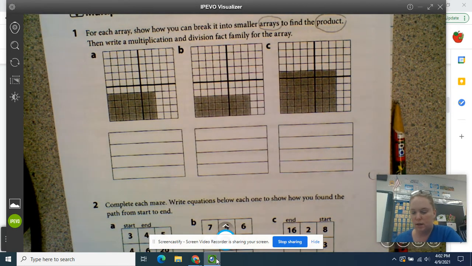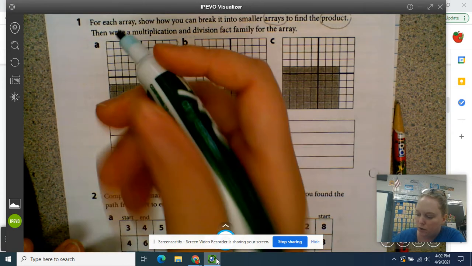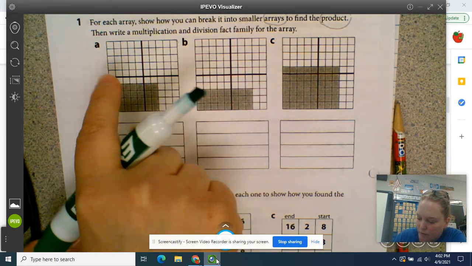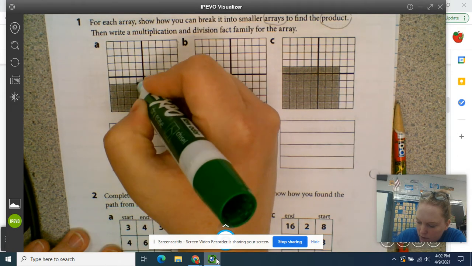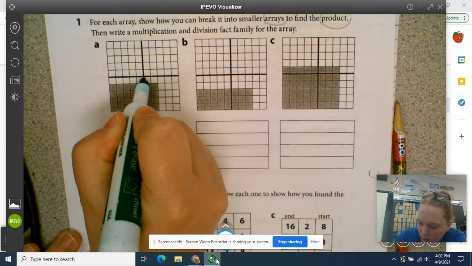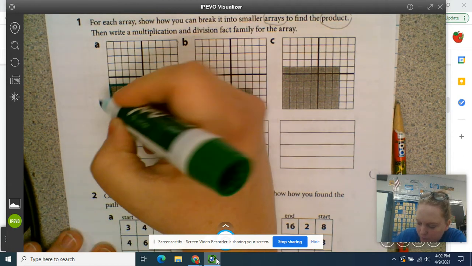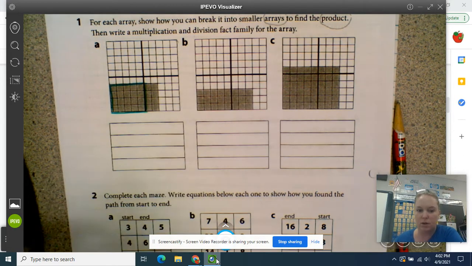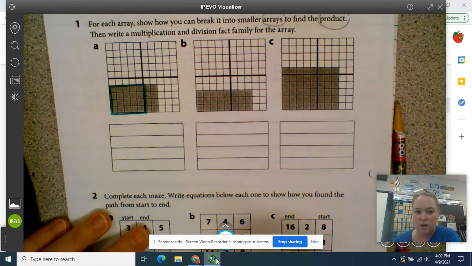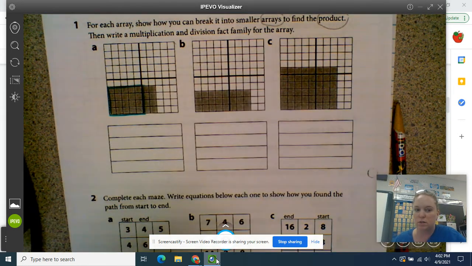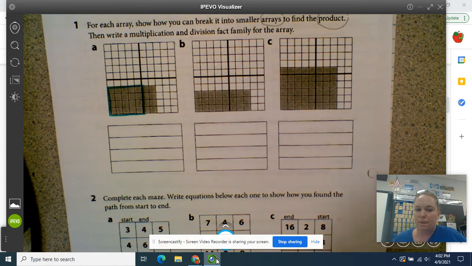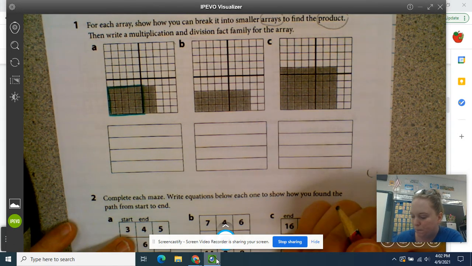I see it's already kind of helping me out because it has these dark lines right here. So I see this is a 4 by 5. Okay, that's a 4 by 5. And then I have a smaller one right next to it, which is a 4 by 2.